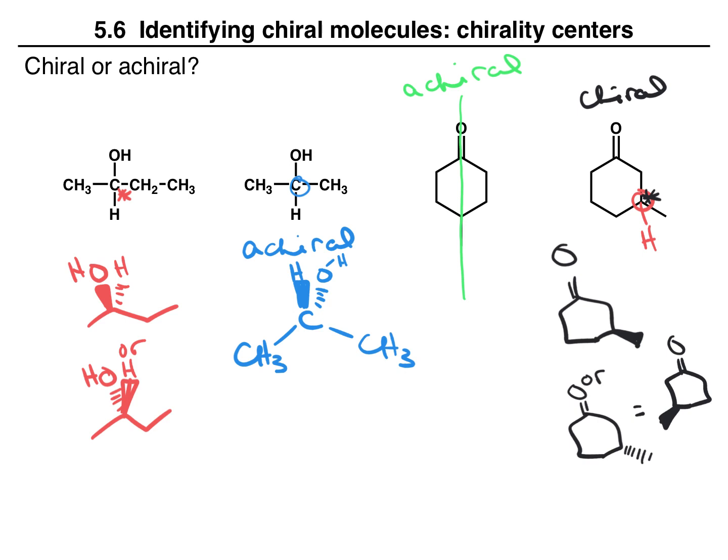Now, if we just slide this up here, we can see that they are mirror images of each other. But looking back at this orientation again, if we slid this ring on top of this ring, here our methyl group would be forward, here our methyl group would be back, so they do not superimpose on each other. So these are non-superimposable mirror image isomers. We have a pair of enantiomers, so this molecule is chiral.